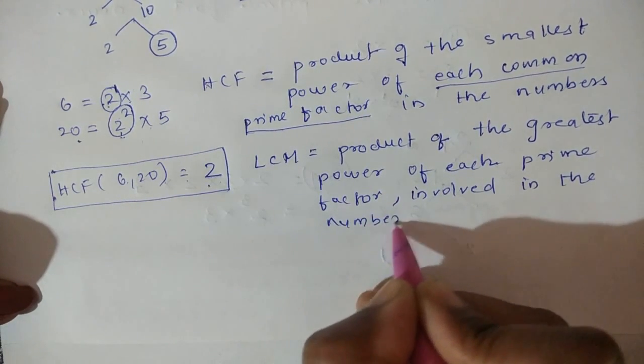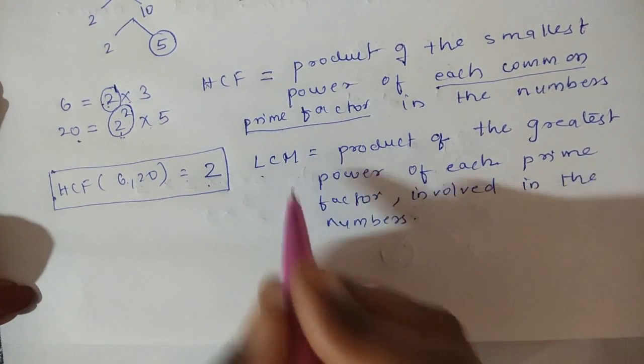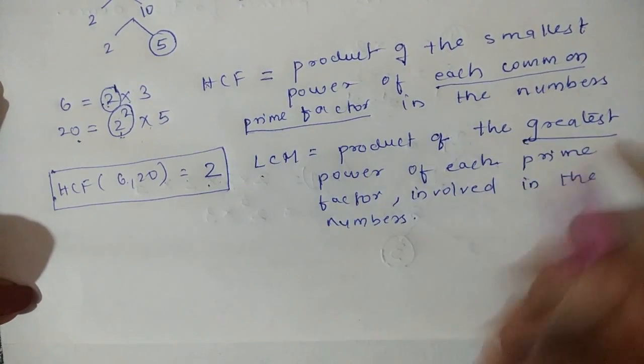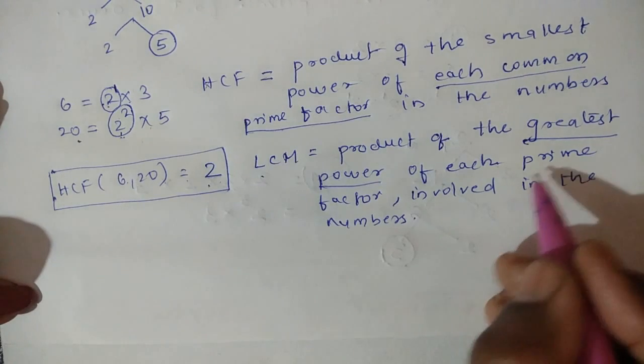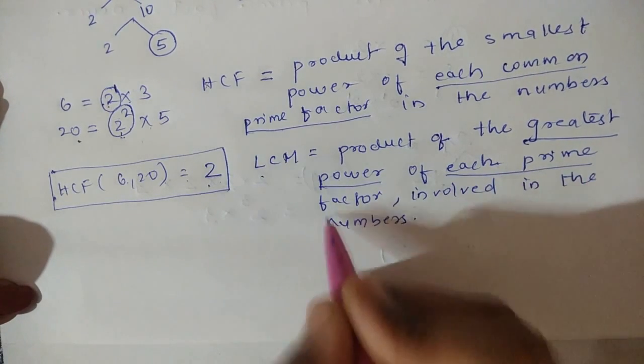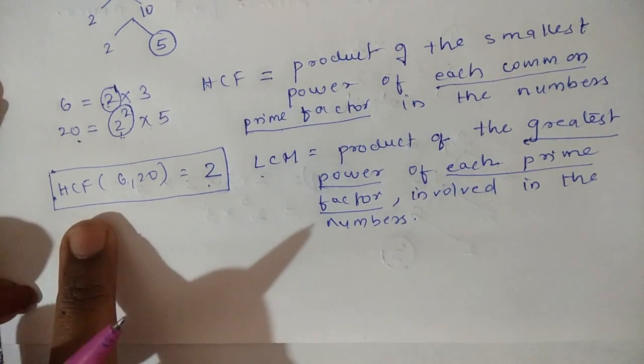Okay, so here you have to be very careful when you are finding LCM. So product of what? Greatest power. The first condition is you should see the greatest power of each prime factor. So every prime factor should be involved, and in that the greatest power should be multiplied to get the LCM.